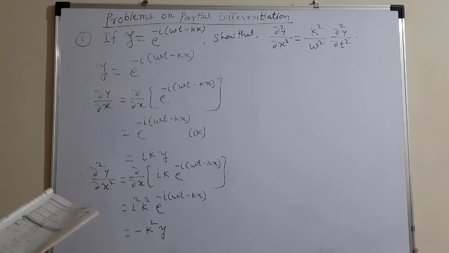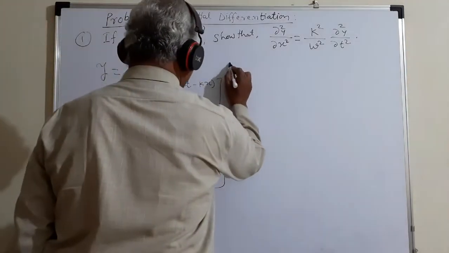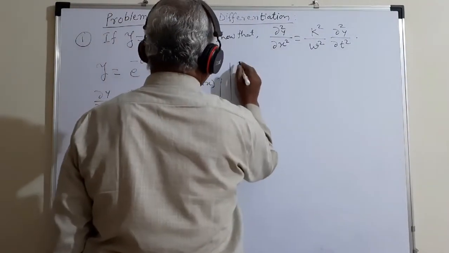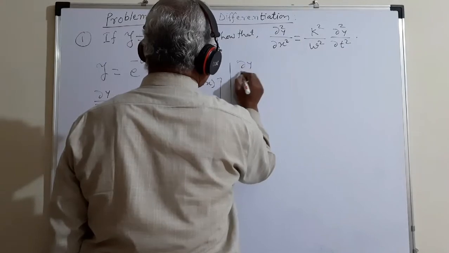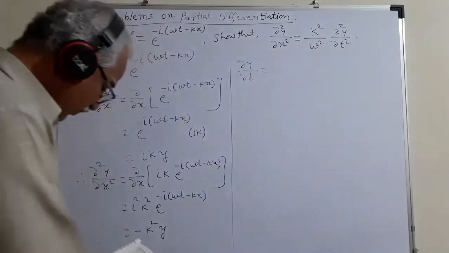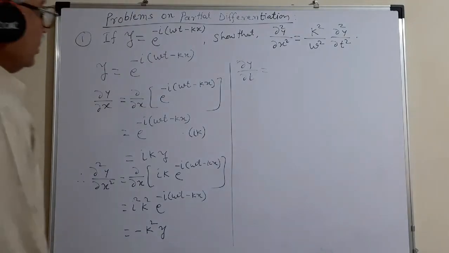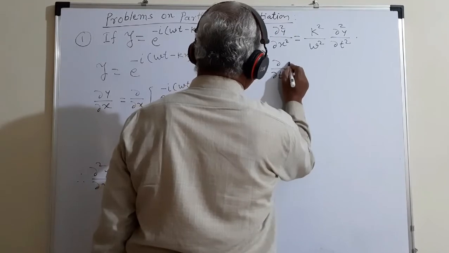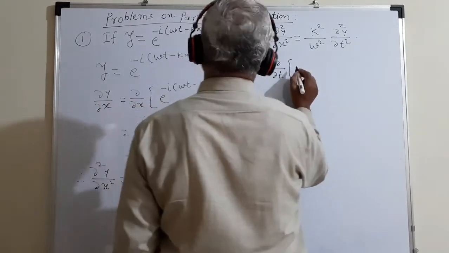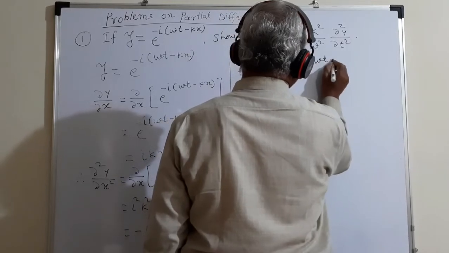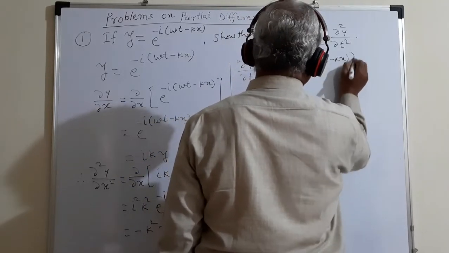Now we can obtain the expression for ∂y/∂t. We have ∂y/∂t is equal to ∂/∂t of y, and y is e raised to minus i omega t minus kx.